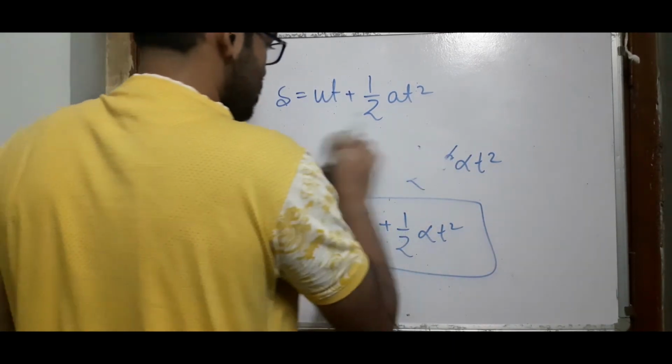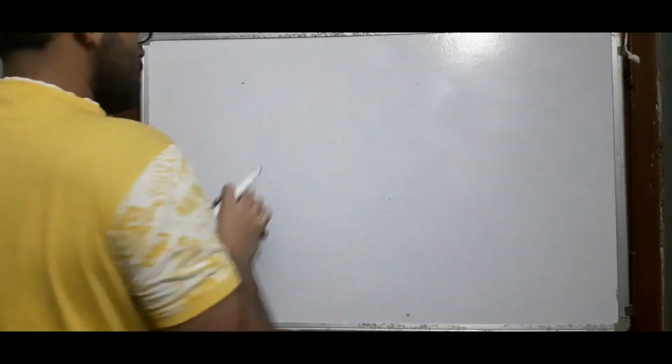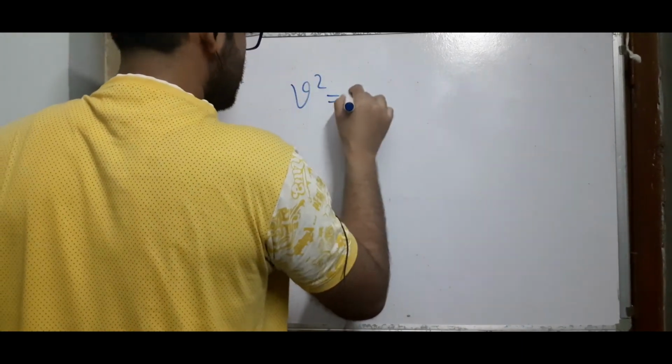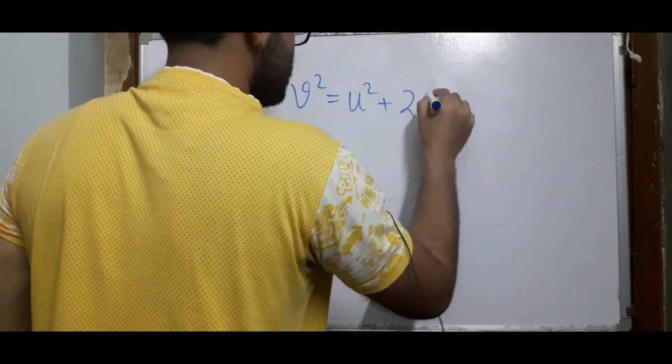And the last is v square equals u square plus 2as.